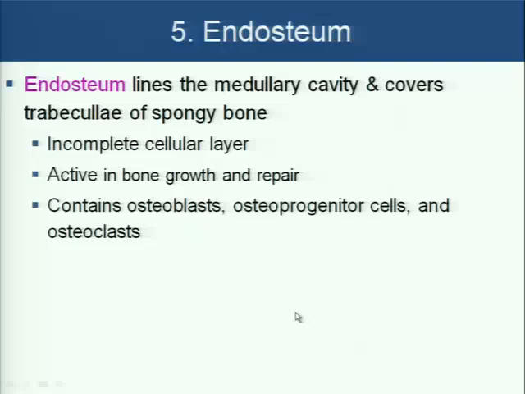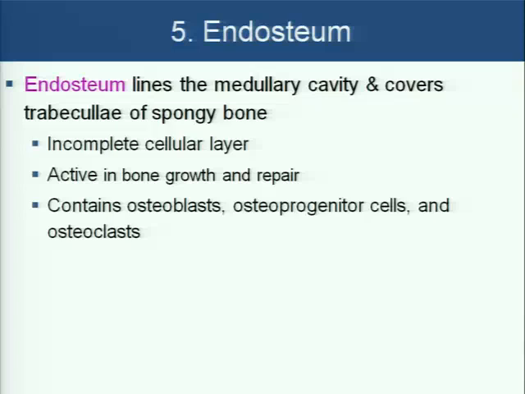The endosteum. This is derived from the periosteum, but it lines the inside of the medullary cavity, so it's going to be in here. We had a little cavity right in here, and it would be lining that. The endosteum is sort of an incomplete cellular layer, and you have a lot of osteoblasts in there, and osteoprogenitor cells, so you can regenerate new cells.